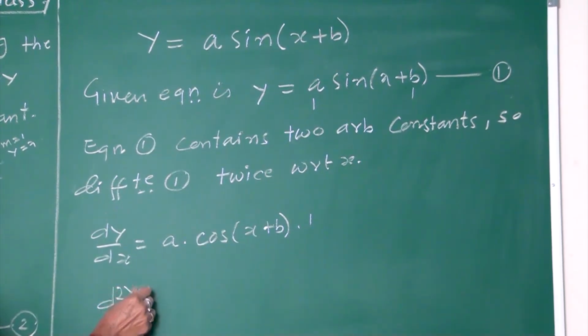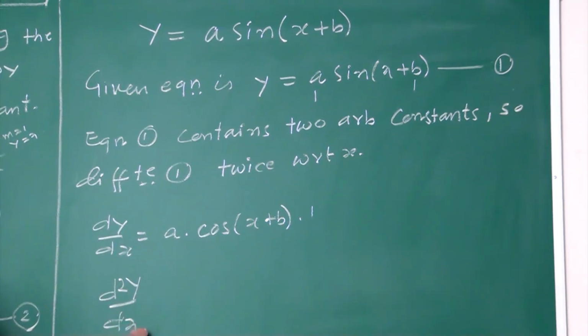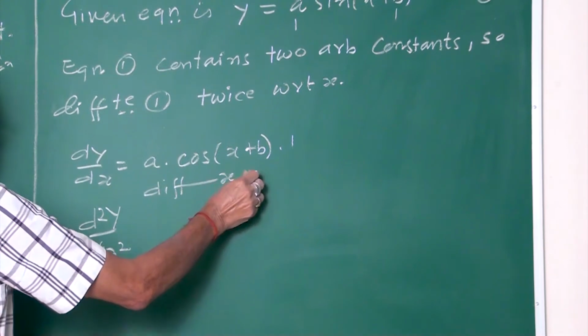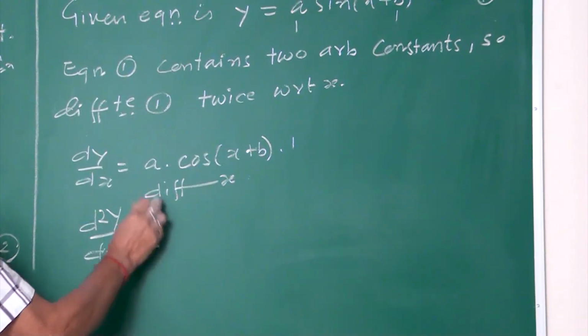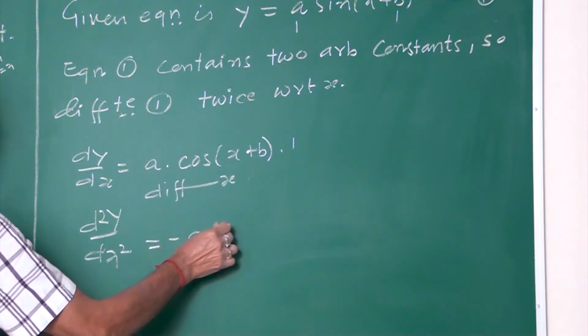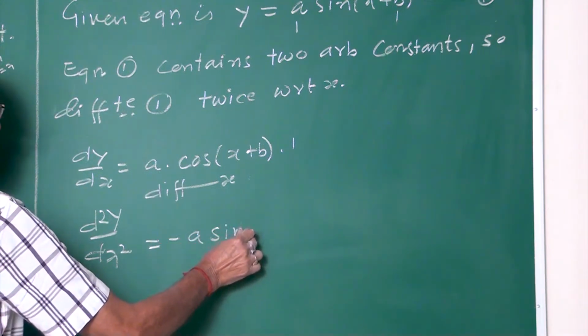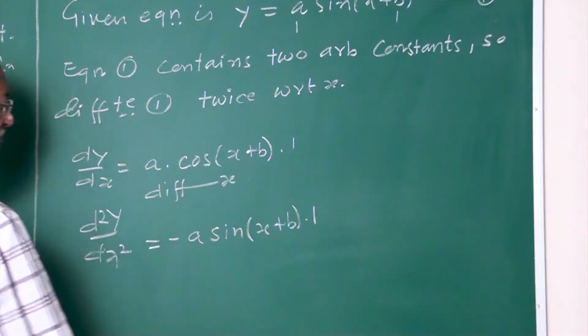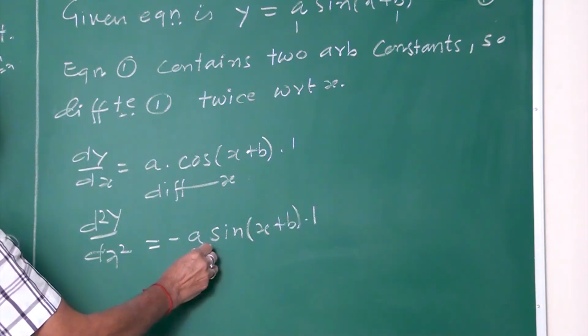For the second time, differentiate again with respect to x. d2y by dx2 equals a into minus sin(x plus b), since the derivative of cos is minus sine. Once again, the derivative of x is 1. Tell me, my friends, what is this value?